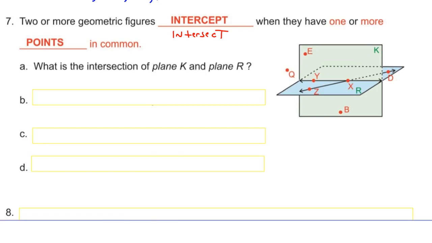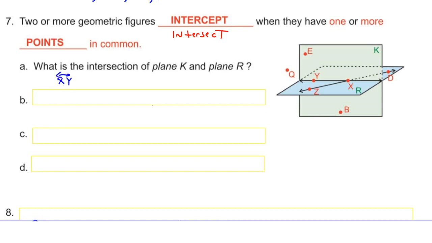What is the intersection of plane K and plane R? First off, what is the shape? Is the intersection a point? Is the intersection a line? Is the intersection a plane? 2 planes intersect at exactly 1 line. And it's line XY.